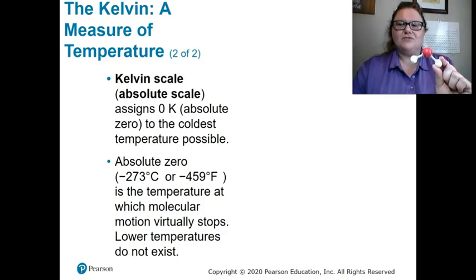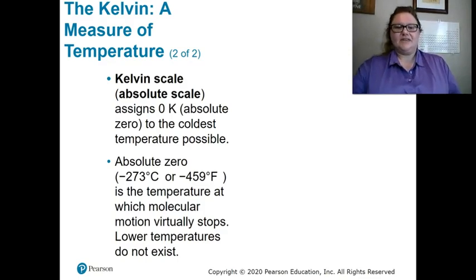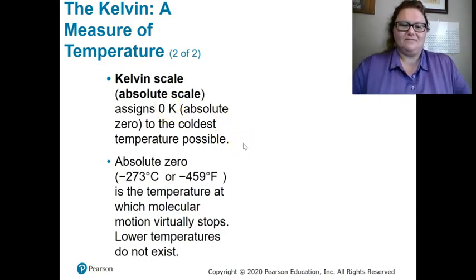Okay? Absolute 0 would be completely no movement. So there is no energy at all present in that molecule. You can never get there. It's theory. We can measure on the positive side of the Kelvin scale. We can be above 0, and we can use that in science experiments, but we can never get to 0 K. Also notice that there's no degree symbol with Kelvin. That's just the way we write it.